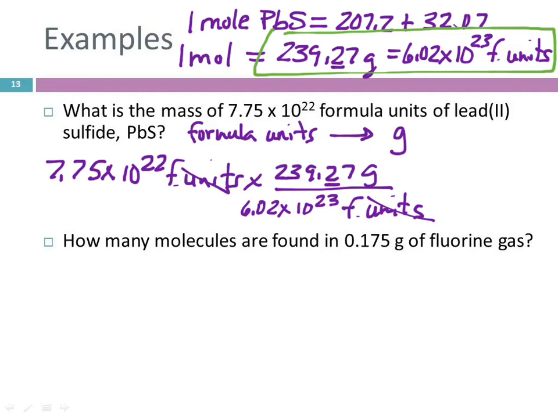EE23. Okay. I screwed up on my calculator. Somebody tell me what the answer is. Pardon me? 30.8? And the unit there would be grams. Anybody else get 30.8? Good.